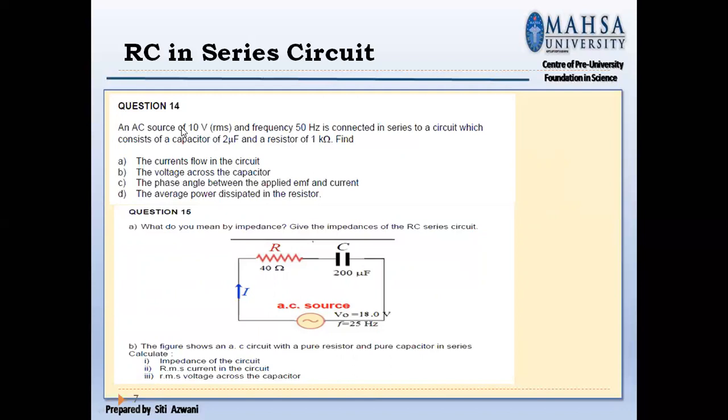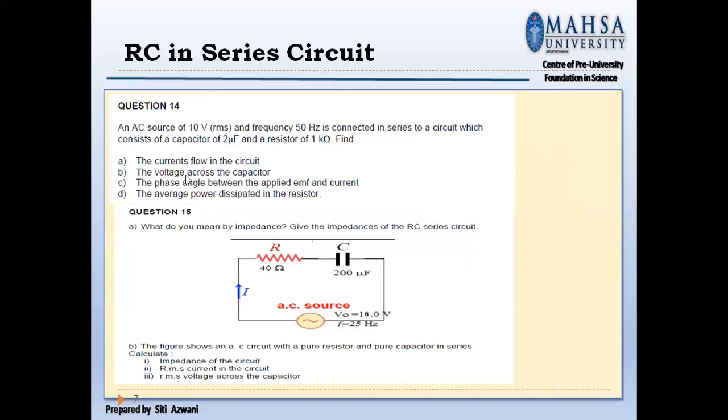In question 14, you have your AC source of 10 volt, which is equal to VRMS, and a frequency of 50 hertz. The capacitance of the capacitor is 2 microfarad, converted to farad, the SI unit for capacitance. The resistance of the resistor is 1 kilo ohm, also converted to ohm, the SI unit for resistance. First, the current flowing in your circuit.